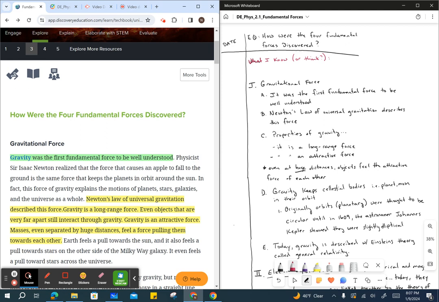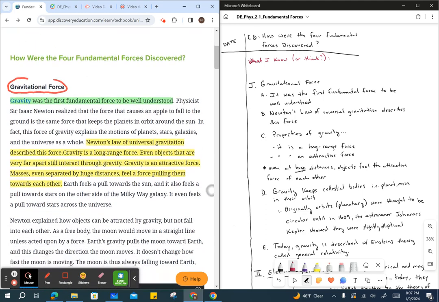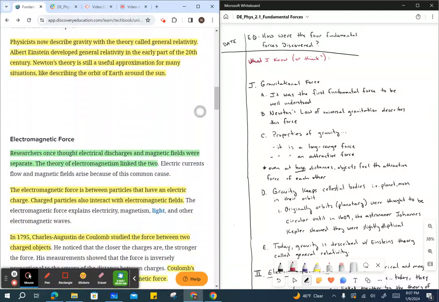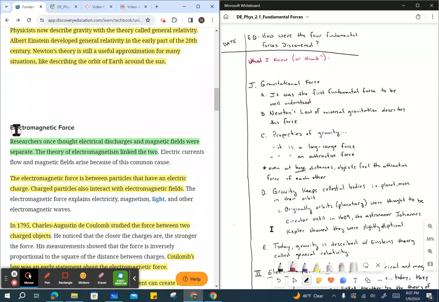Okay. All right. So we're back now. You've taken a moment to write down what you know or what you think. If we take a look at this explore, you can see the first thing they're going to talk about is gravitational force. Then they're going to talk about electromagnetic force.